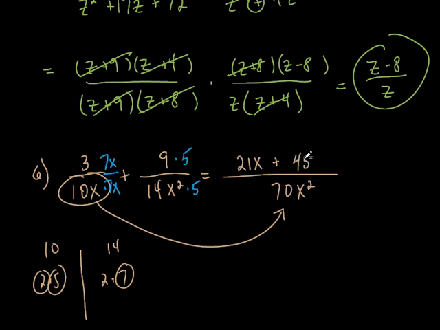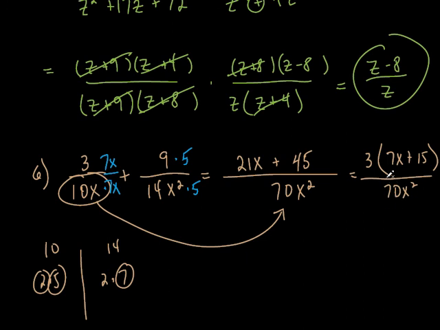That's it. Now remember I said the book factored this out. They said, okay, what's in common with both of these? Well, 3 is in common, and that's 7x plus 15 over 70x squared. But did you really have to do that? I don't think you really had to. Now, it might have been a good idea to try it, because then you could see if anything cancels out, right?